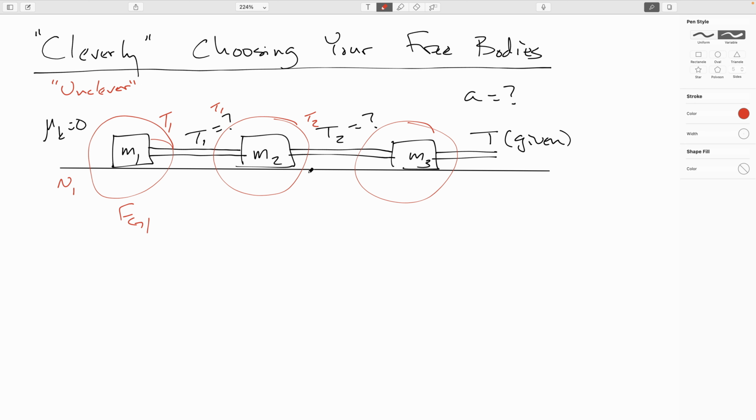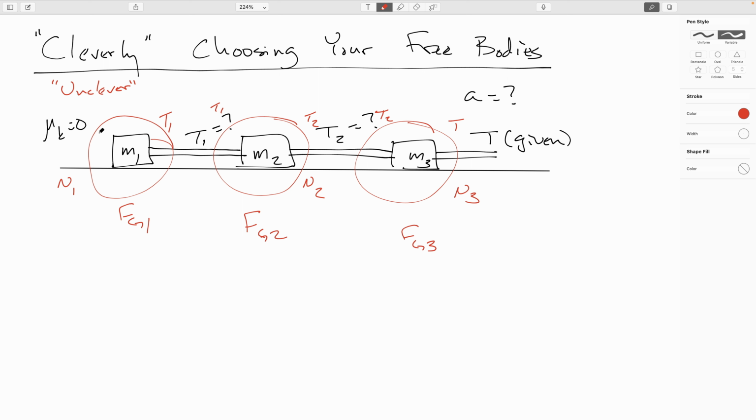I cut through this floor, so I'll pick up an N2, and the long-range force of gravity, Fg2. Same deal here. I cut through rope number 2, so I'll have a T2. I cut through this rope here, so that's T. Cut through the floor, that's N3. Force due to gravity, Fg3. No forces of friction because we turned friction off in the problem.